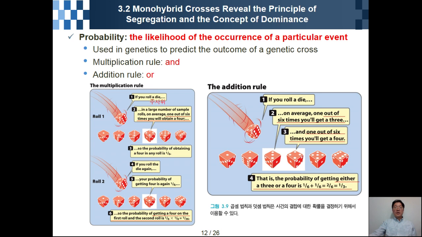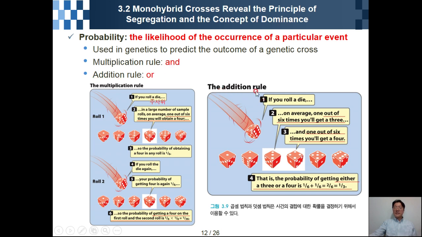But if you roll the die again, what's the probability of getting a 4 again? It will also be 1 out of 6. So the probability of getting a 4 on the first roll and the second roll again will be 1 out of 6 multiplied by 1 out of 6, which is 1 out of 36. So this is the multiplication rule.